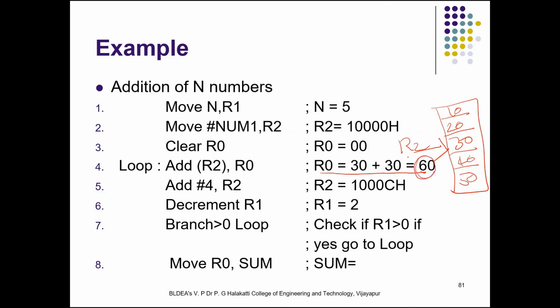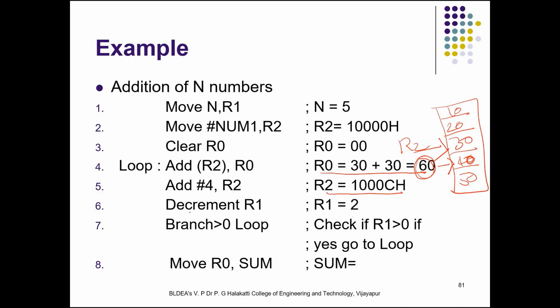So now R0 becomes 30 plus previous value was 10 plus 20, 30, 30 plus 30, 60. Now I have to increment R2 to point to the next number, that is 40. So when we add plus 4, we will point to the next address, which is going to contain 40.